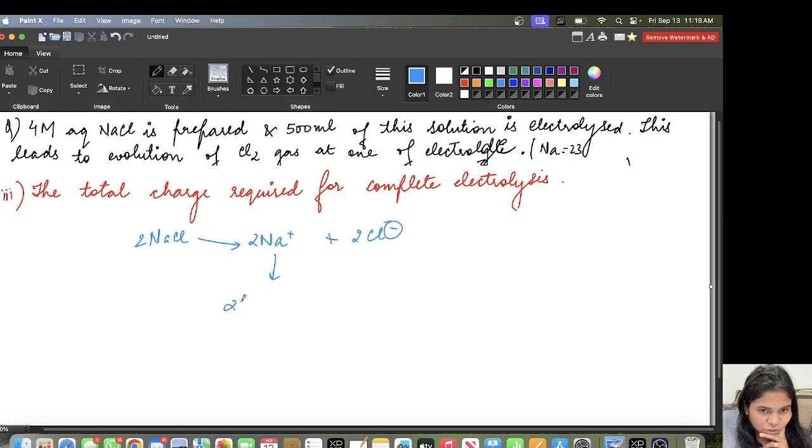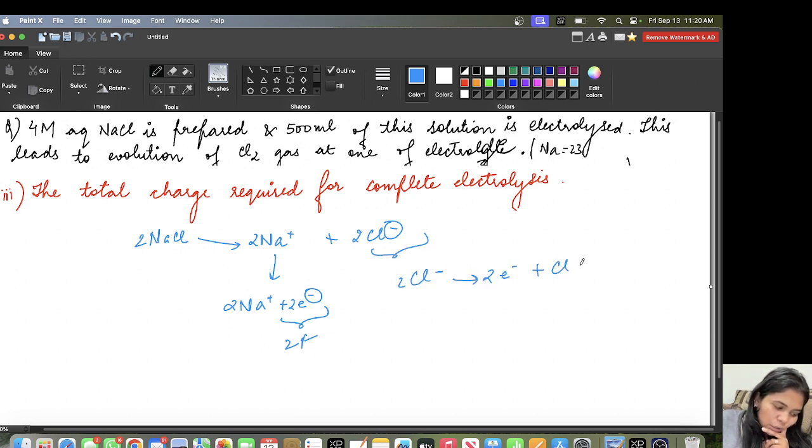Just write both the reactions. 2 Na plus 2 electrons, and 2 electrons means 2 Faraday. Here also 2 Cl minus gives 2 electrons plus Cl2, and 2 electrons means 2 Faraday. So the total charge is 2F. For both the reactions we need 2F.